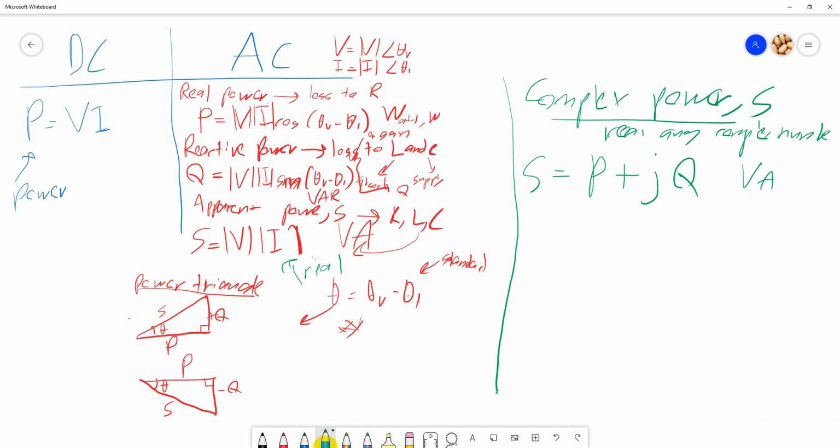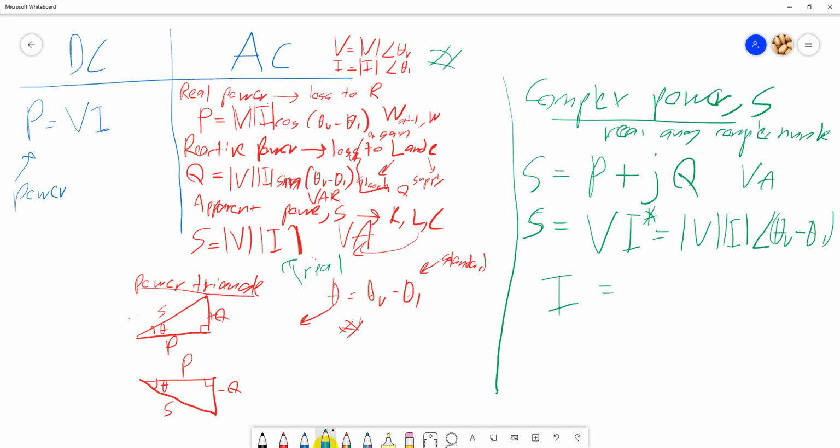Sometimes S also can be VI conjugate. What it means is that S equals VI conjugate equals |V||I| at angle theta V minus theta I. Because of the conjugate, it will become negative.